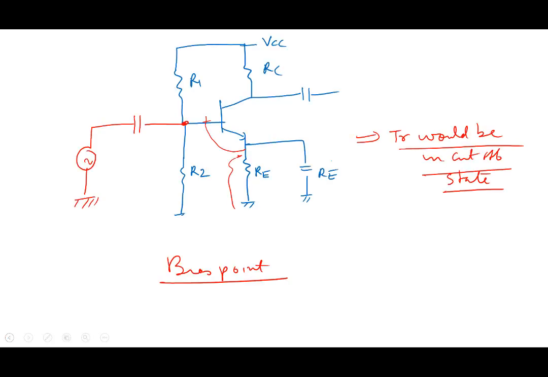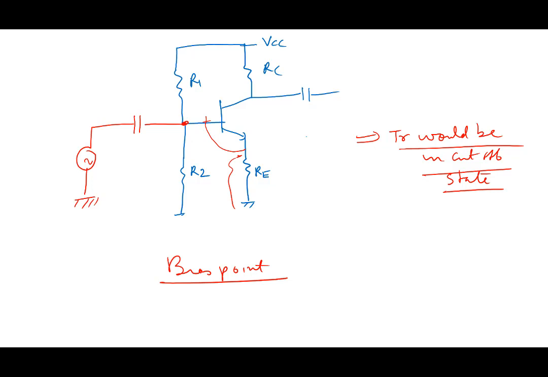Somebody may say, well, this capacitor also, sorry, this we were saying was CE. Somebody may say, well, this also you were considering short. So why not remove it? Why have this capacitor also?